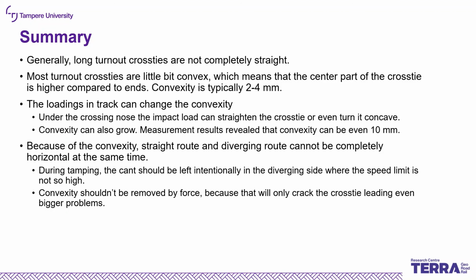So you should leave that convexity in the sleeper and use the cant values in the diverging route, or use height adjustment plates to compensate for this convexity. But you shouldn't try to remove that convexity in the sleeper, because that will crack the sleeper.